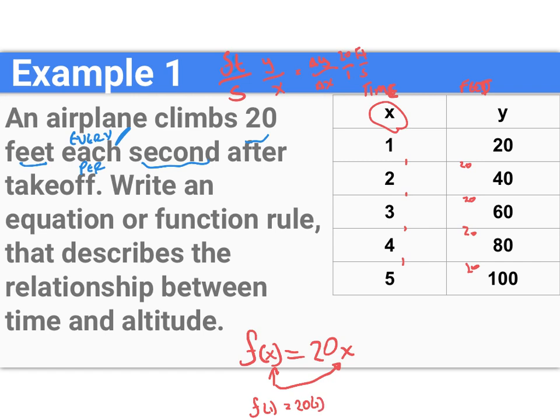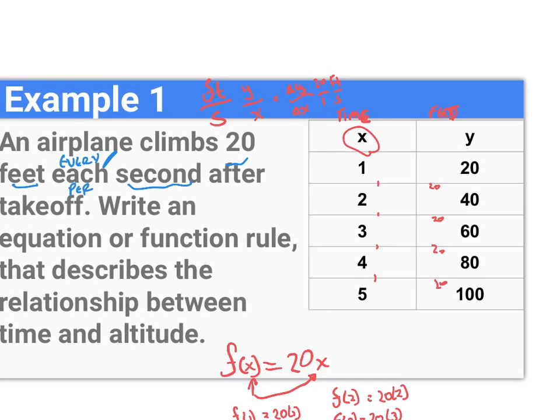F of 2 will be 20 times 2. And then f of 3 will be 20 times 3. If we do the multiplication, we get 20 feet at 1 second, 40 feet at 2 seconds, and 60 feet after 3 seconds. And that's how you write a function rule from a table of values.